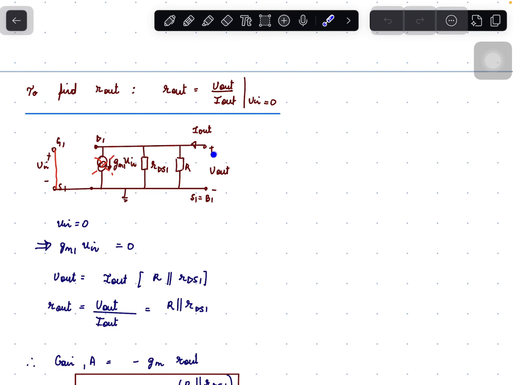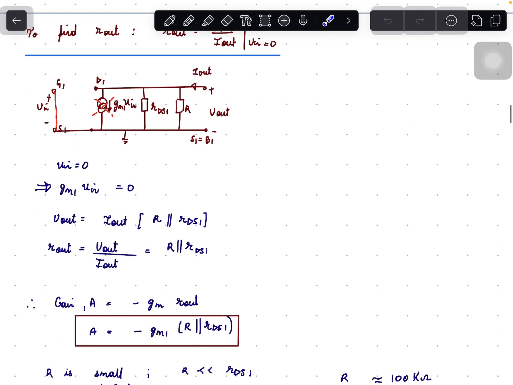Now we have Vout which equals Iout times R parallel RDS1. So we can say that Vout by Iout, which equals Rout, equals R parallel RDS1. So the gain of the common source amplifier with resistive load is given by minus gm Rout, which equals minus gm1 times R parallel RDS1.